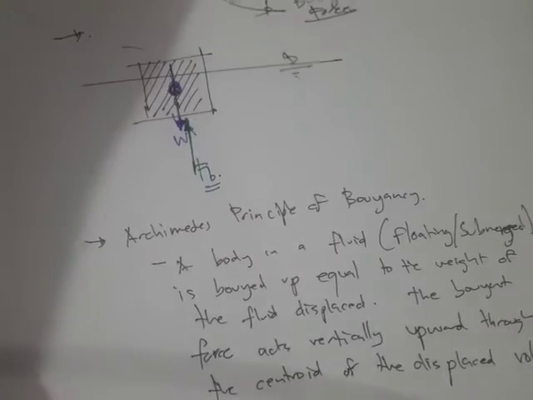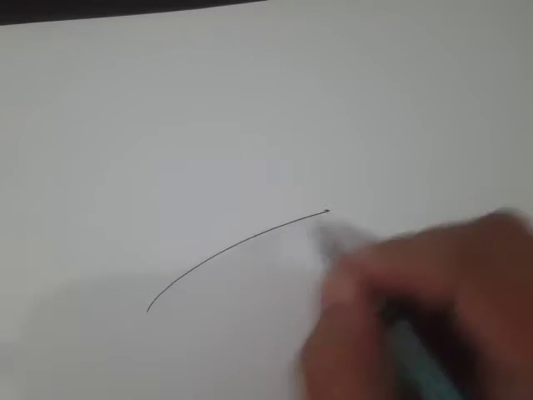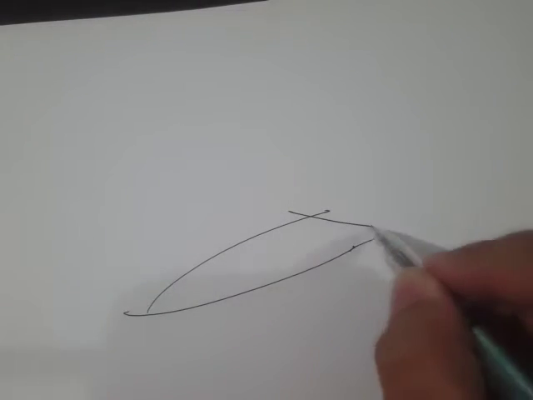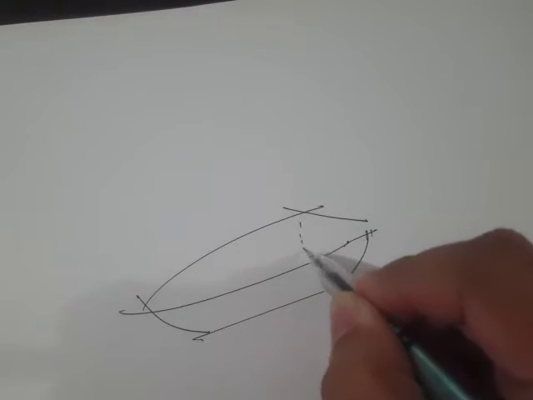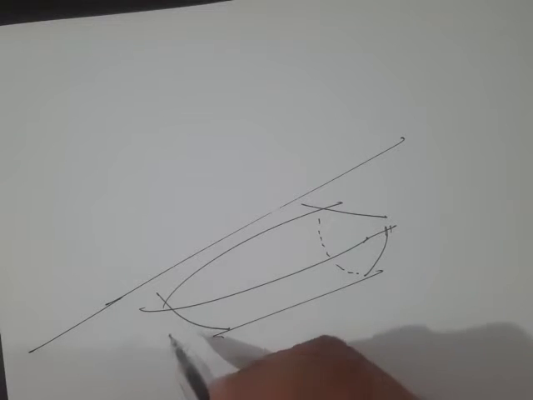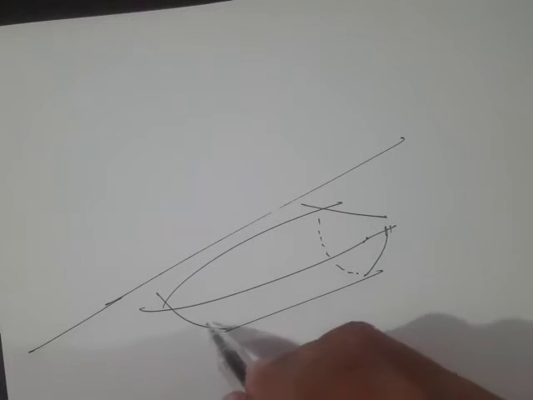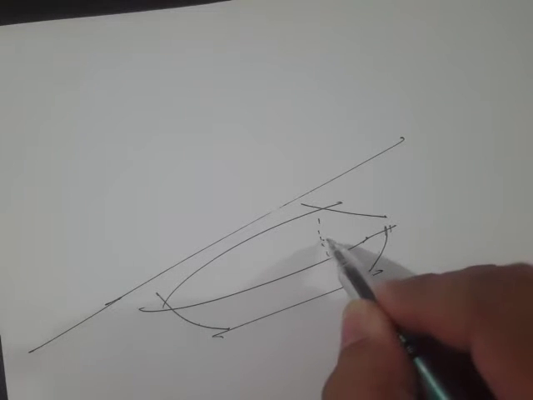Okay, so let's try to express this in terms of figures. For example, we have this body and we have this shape, and it is on the water or the fluid.